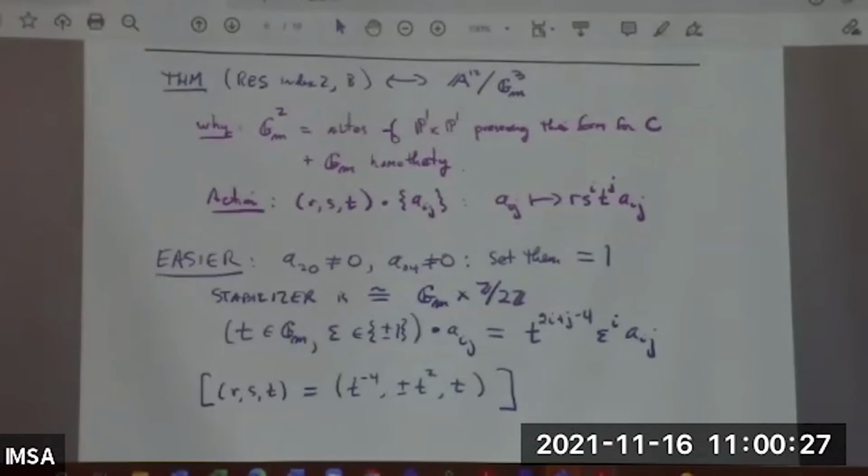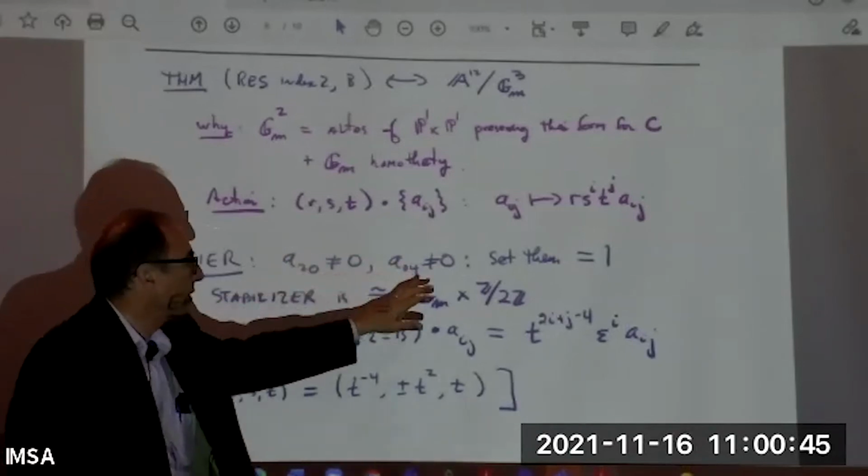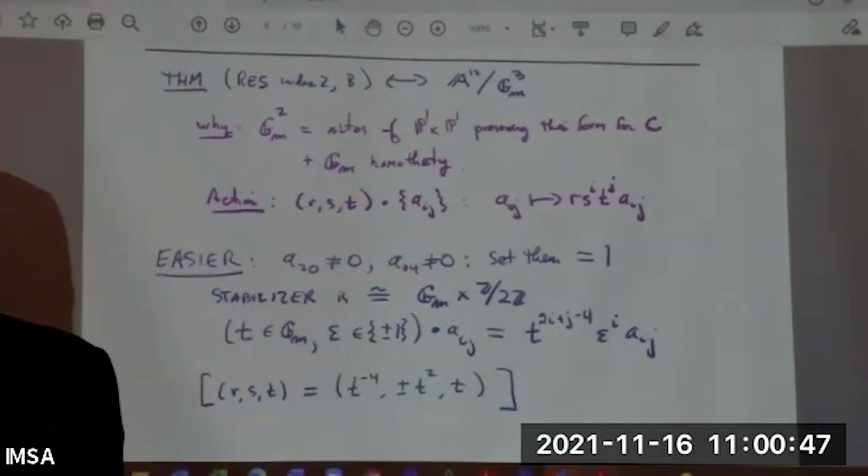It's a little easier approach, though, because two of those coefficients can't be 0. We can use the automorphisms to make them equal to 1. The automorphisms are scalars, right? So in both directions I can set them equal to 1. These two coefficients, and we only get 10 coefficients, a 10-dimensional space of coefficients.